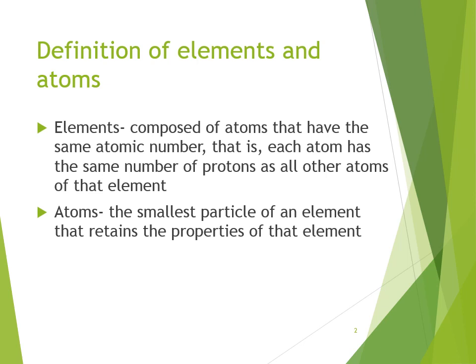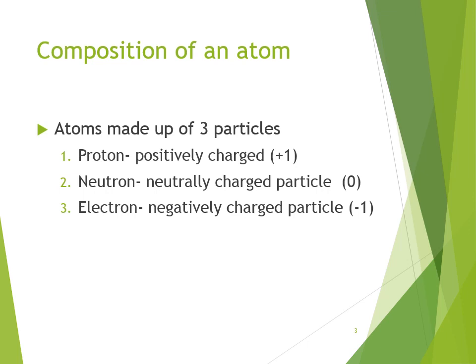Atoms are the smallest particle of an element that retains the properties of that element. So basically, elements are made up of atoms. Let's look more closely at an atom. What is an atom made up of?